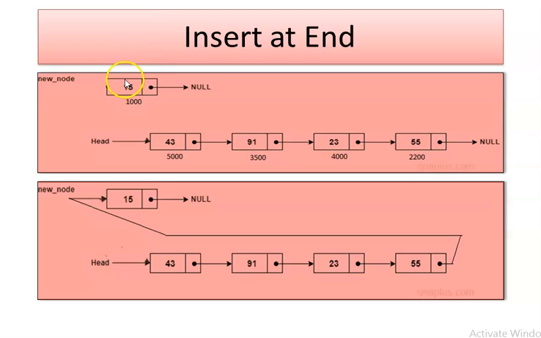So this node has to be added not at the front but at the back. So we need to travel from this end to this node, and we have to attach this independent node at the back of this final node.